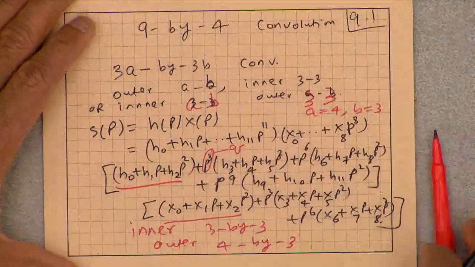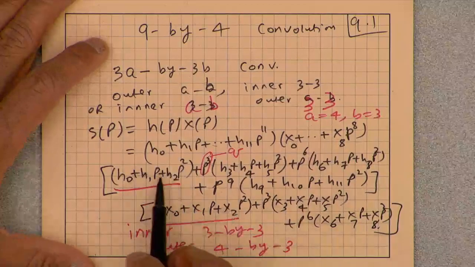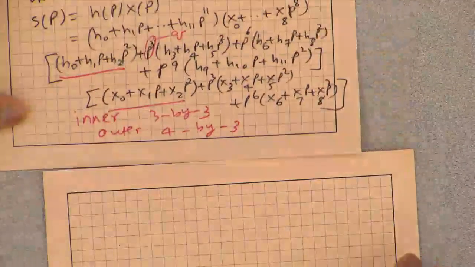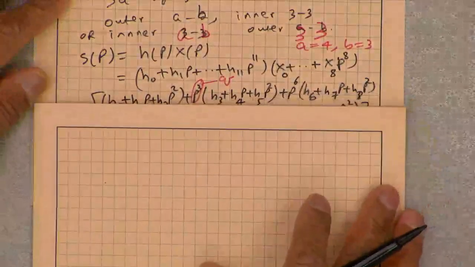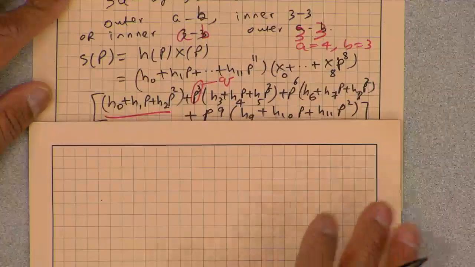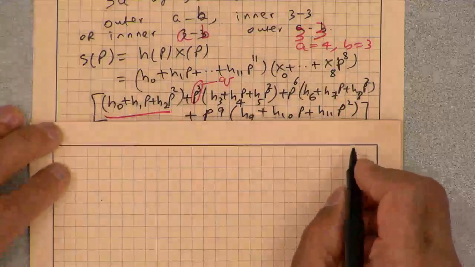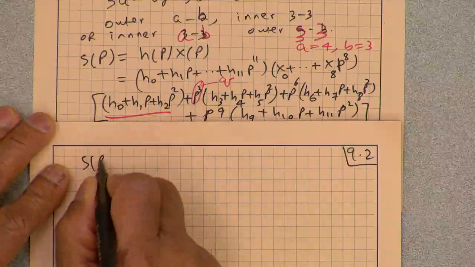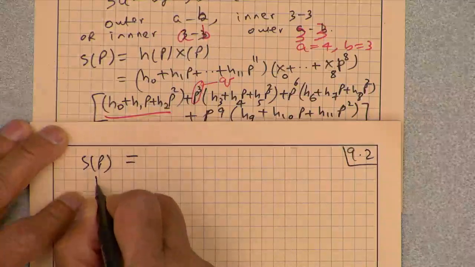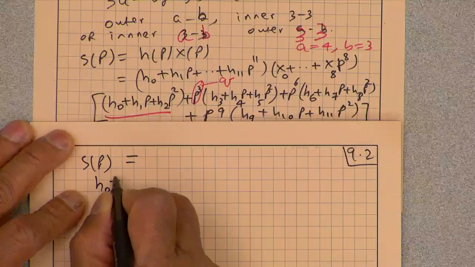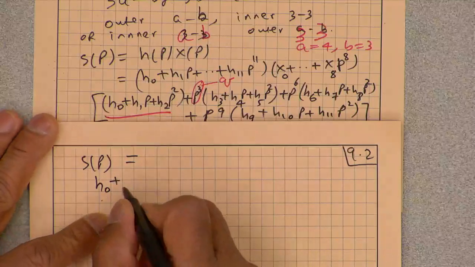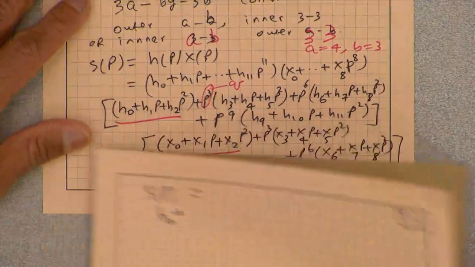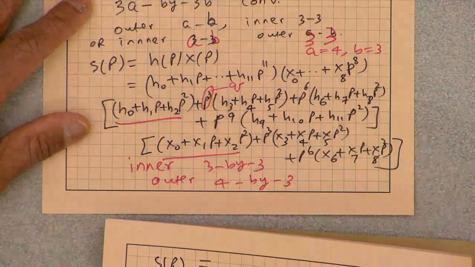Alternatively, I can describe that as take the P cube terms together. I want to now describe this as H0 plus H, inner 3 by 3.